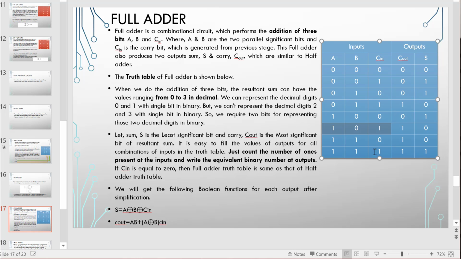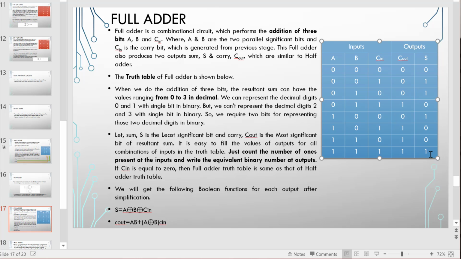Now we have three ones in this situation. Then what will we do? 1 plus 1 is 1 0 as we know, and 1 0 plus 1 is 1 1, or you can say that 1 plus 1 plus 1 is equal to 3 in decimal, and 3 is represented by 1 1 in binary form, as we have learnt in the earlier chapters, right?